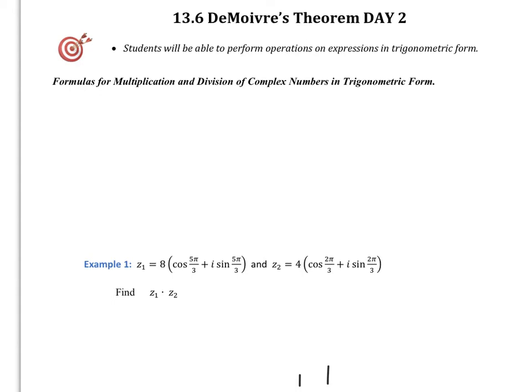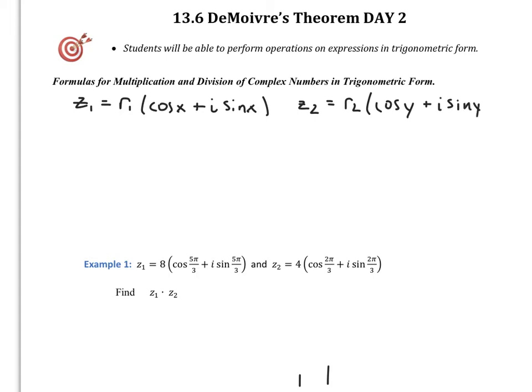If I had two numbers, z1 is equal to r1 times cosine of x plus i sine of x, and z2 equal to r2 times cosine of y plus i sine of y.